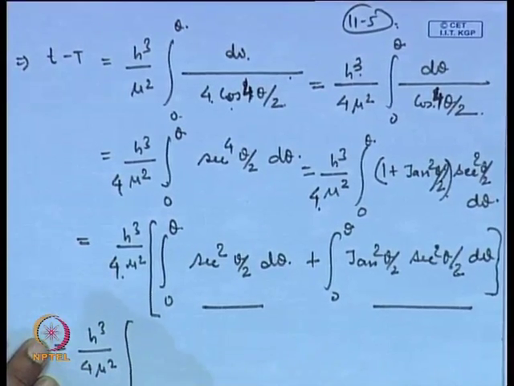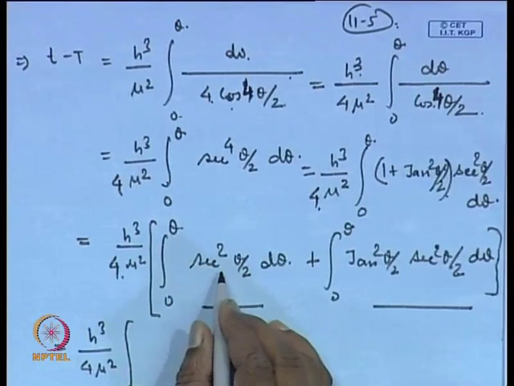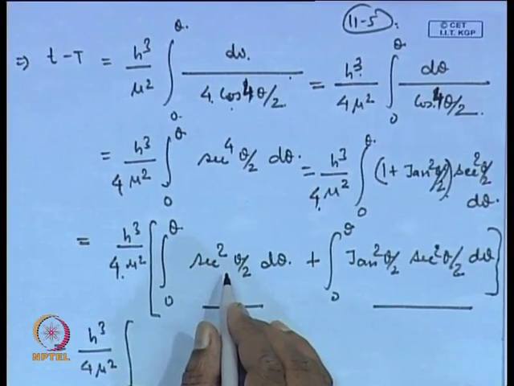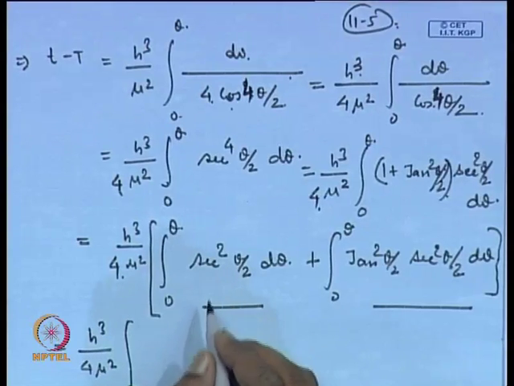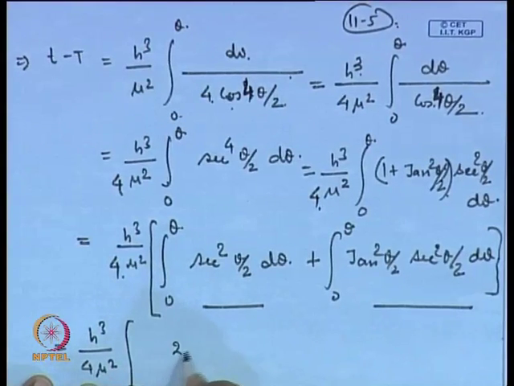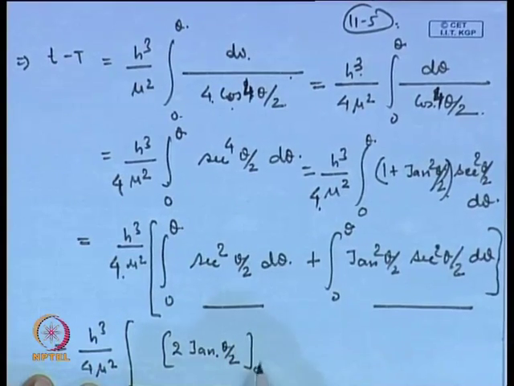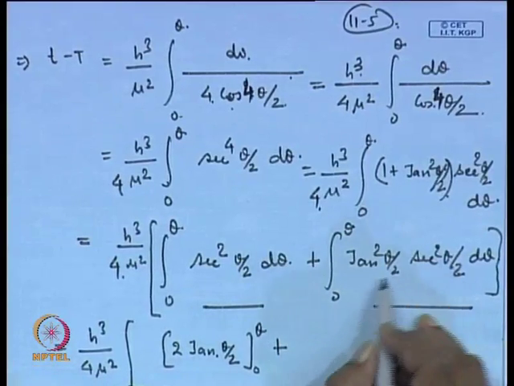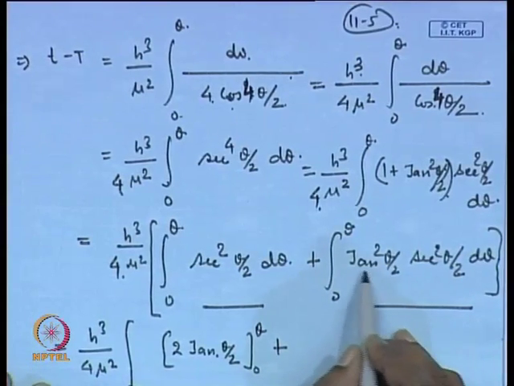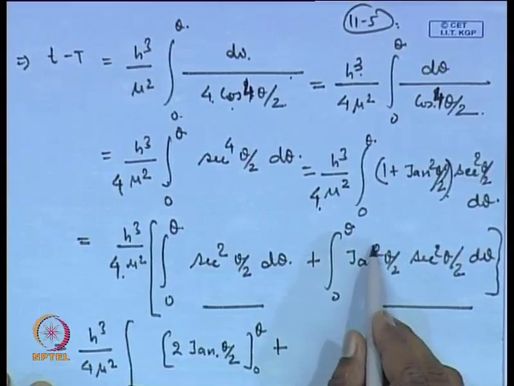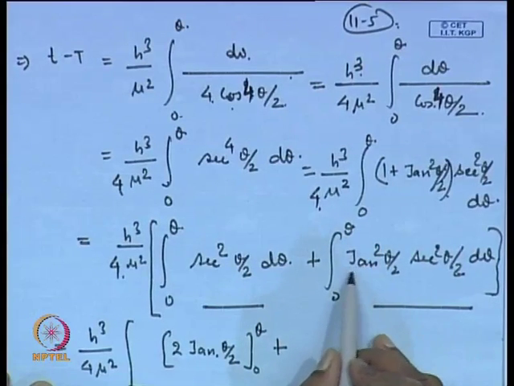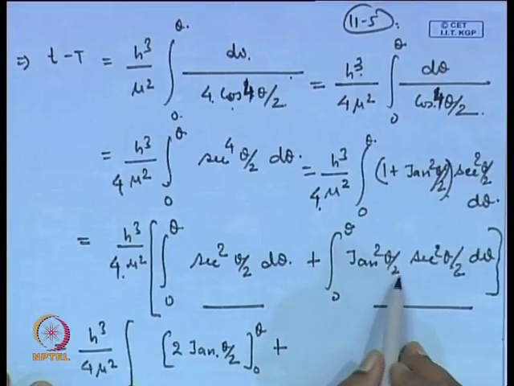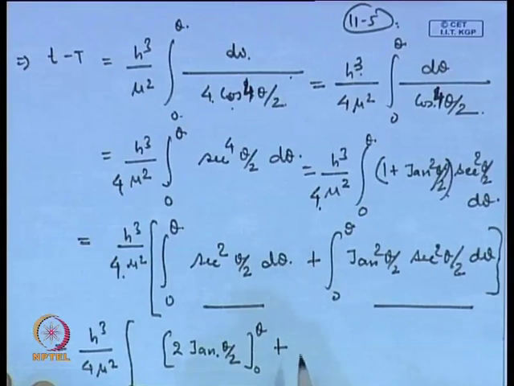Therefore, it can be easily seen that the sec squared theta by 2 term integrates to 2 tan theta by 2, between 0 and theta. And plus, if we differentiate tan cubed theta by 2, we get the term tan squared theta by 2 times sec squared theta by 2.